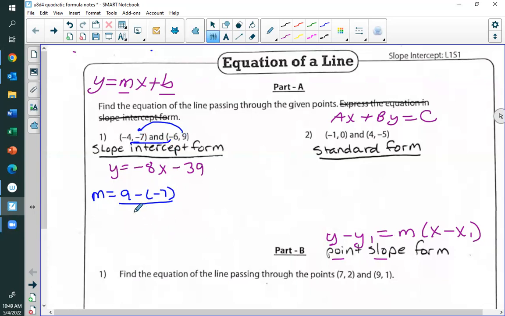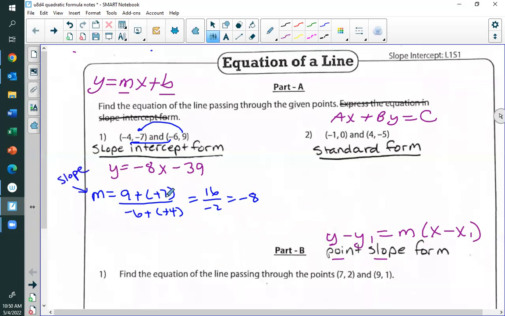So -6 minus -4. Okay, and when I have negatives, I usually put them in parentheses just so I don't lose any negatives here. This is 9 plus 7, right? 9 minus -7 is the same as 9 plus 7. -6 minus -4 is -6 plus 4, so that's -2. So my slope was -8. M is slope, right?